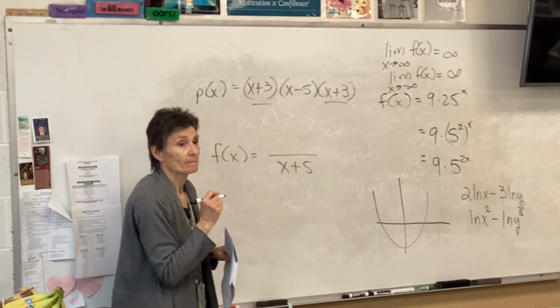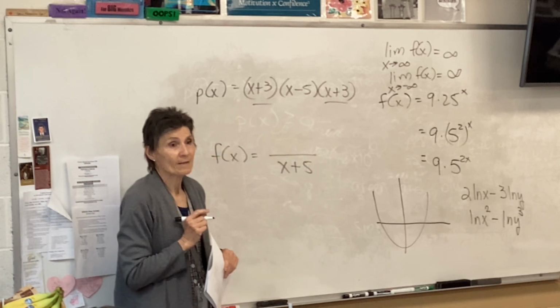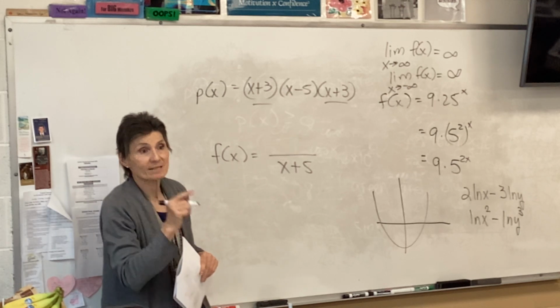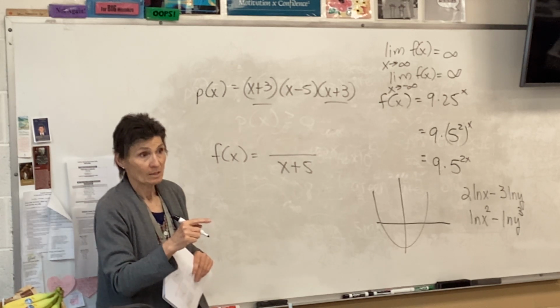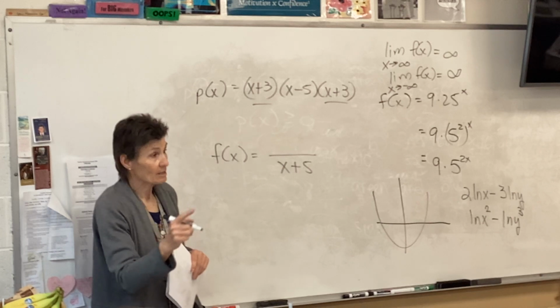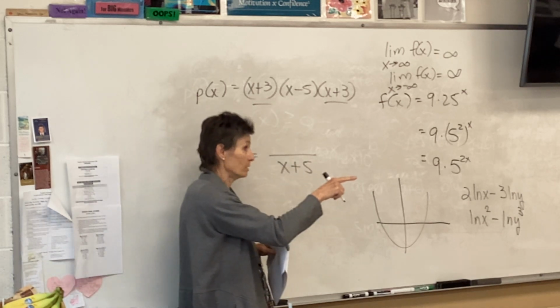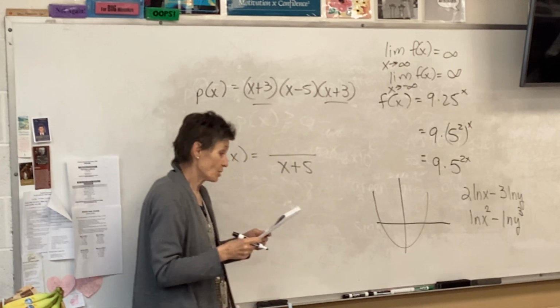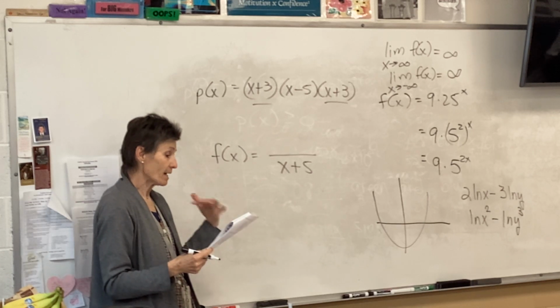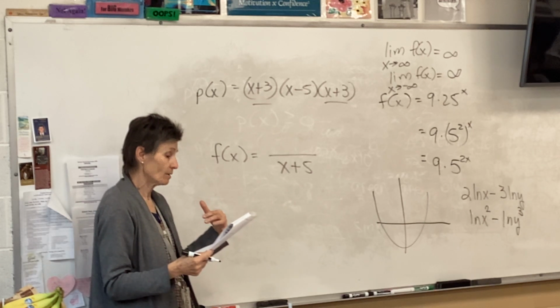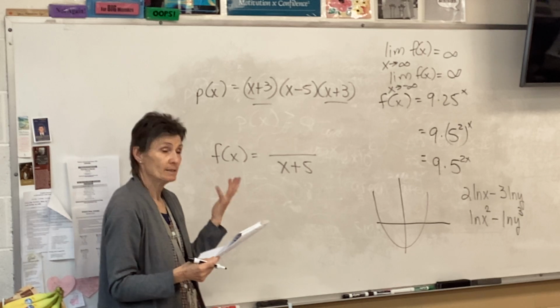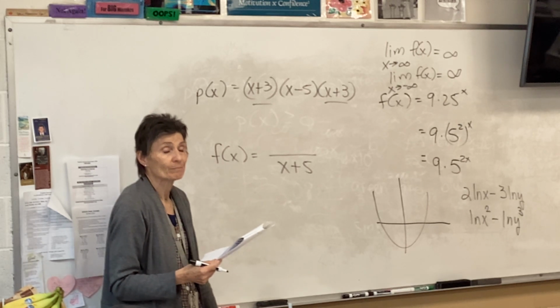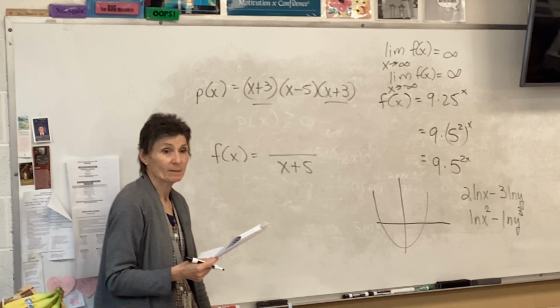And furthermore, that x plus 5 has to stay there. It can't cancel out, because if it canceled out, it would be a hole, not an asymptote. So which problem has an x plus 5 in the denominator that's gonna stay there? D. The answer's D. Does that make sense to everybody?